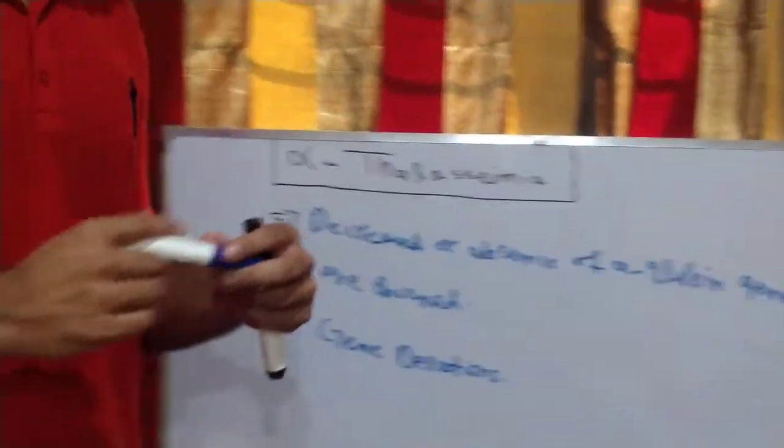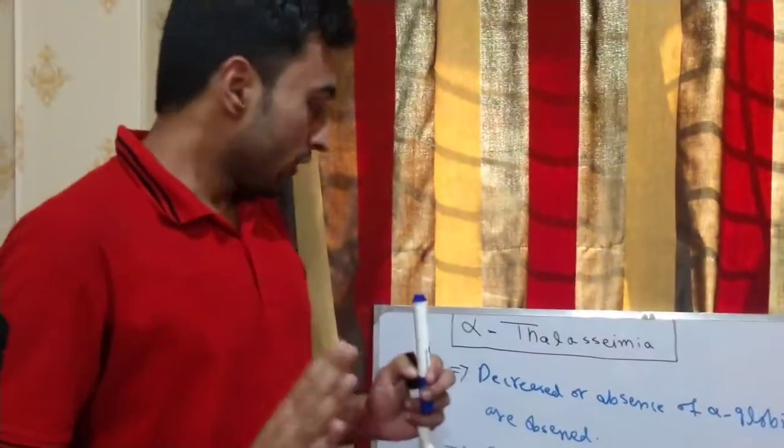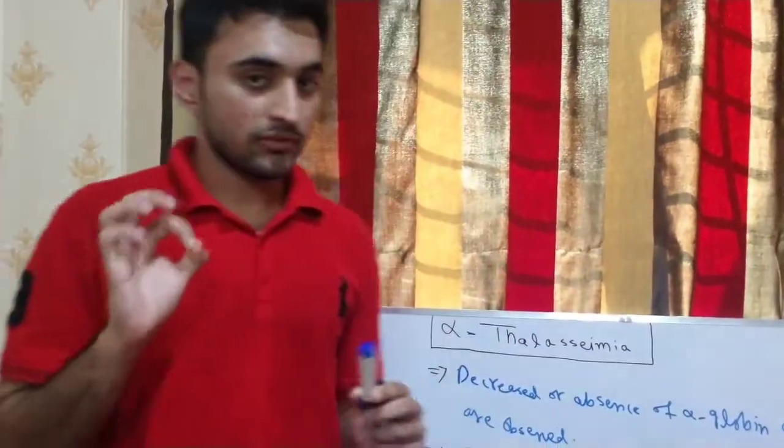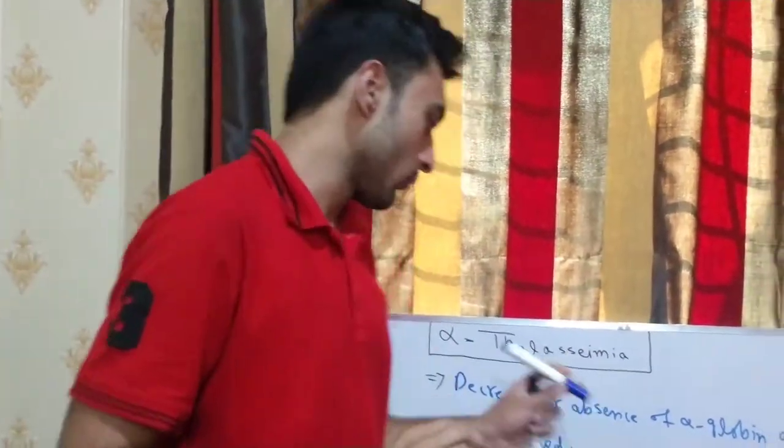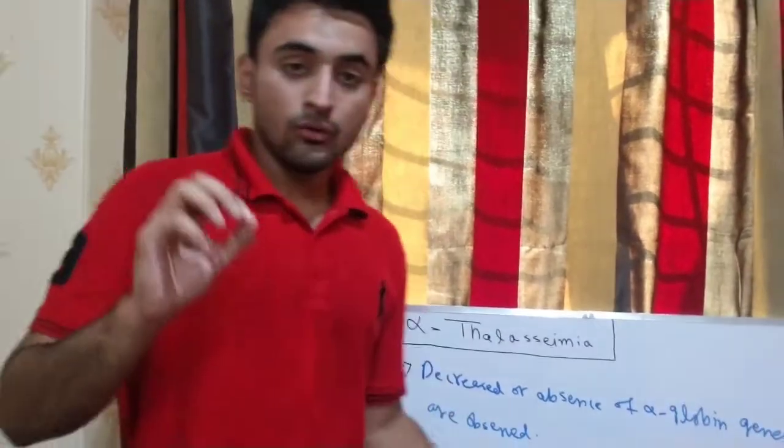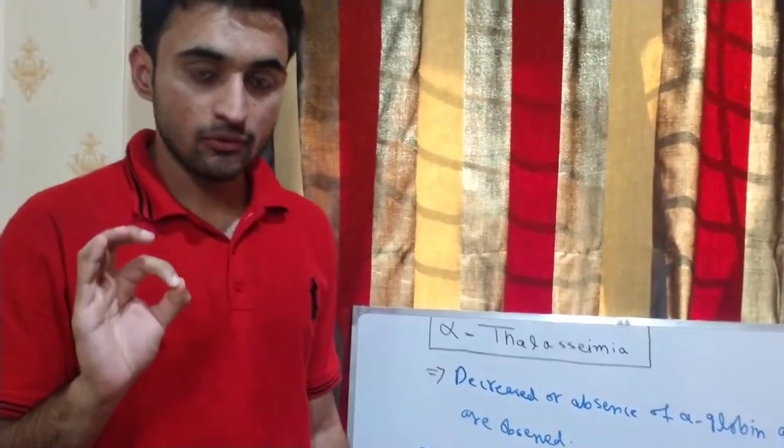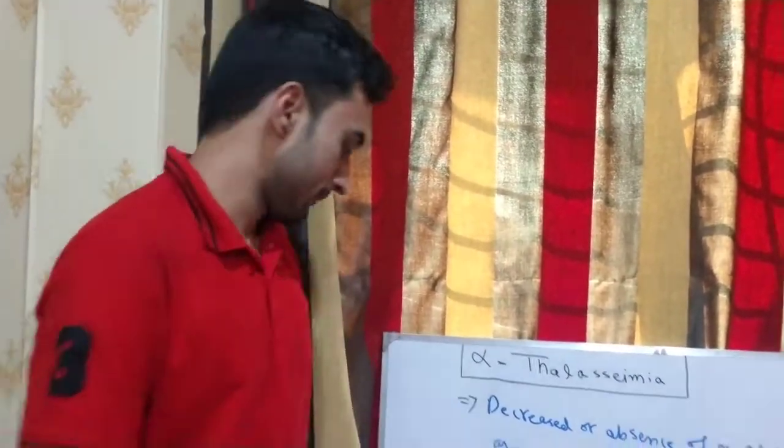Furthermore, we know that there are 4 gene copies present on chromosome 16 in the case of the alpha globin genes. 4 alpha globin genes are present on chromosome 16.